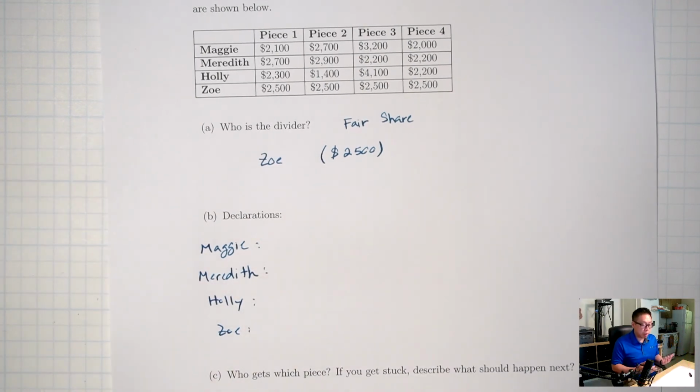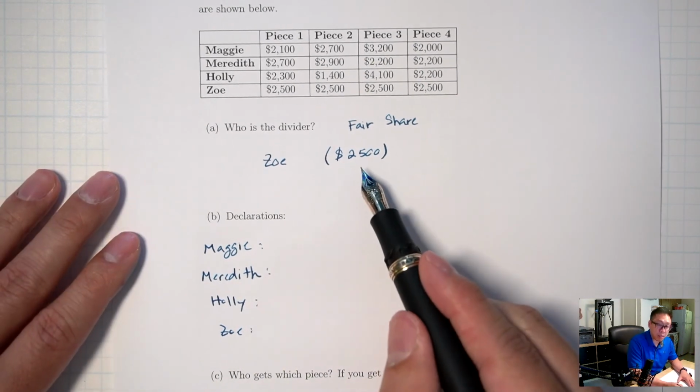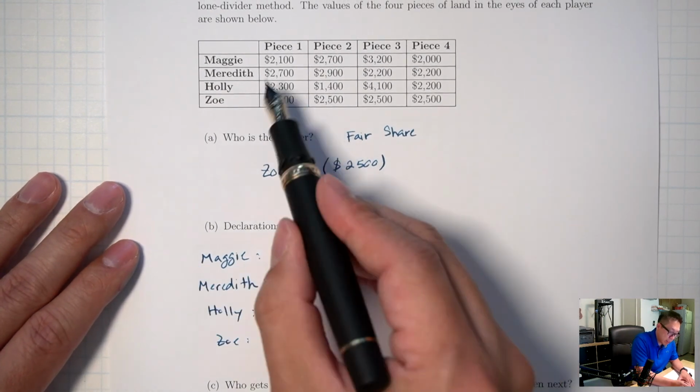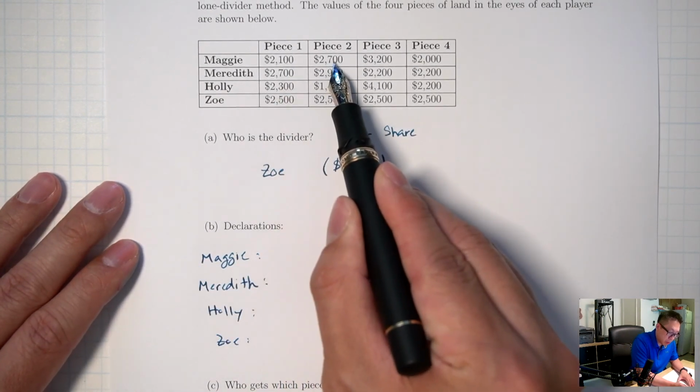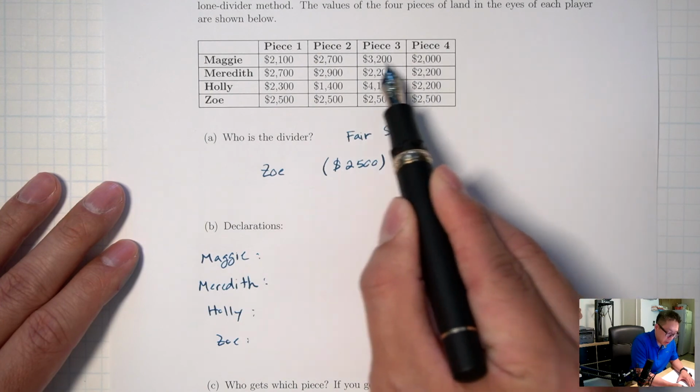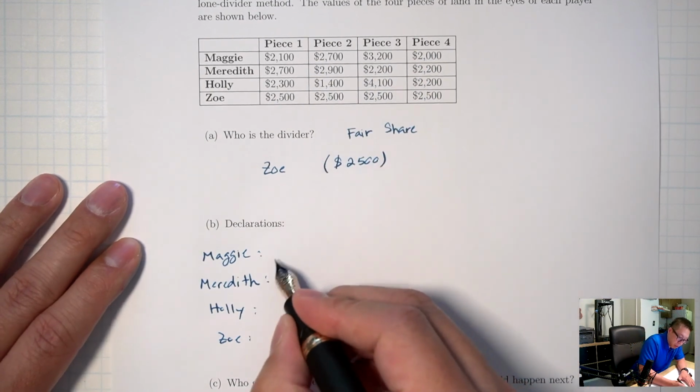So the pieces that they would accept would be any piece that is 2,500 or more. So for Maggie, piece 2 works, piece 3 works, and that's it. So 2 and 3.